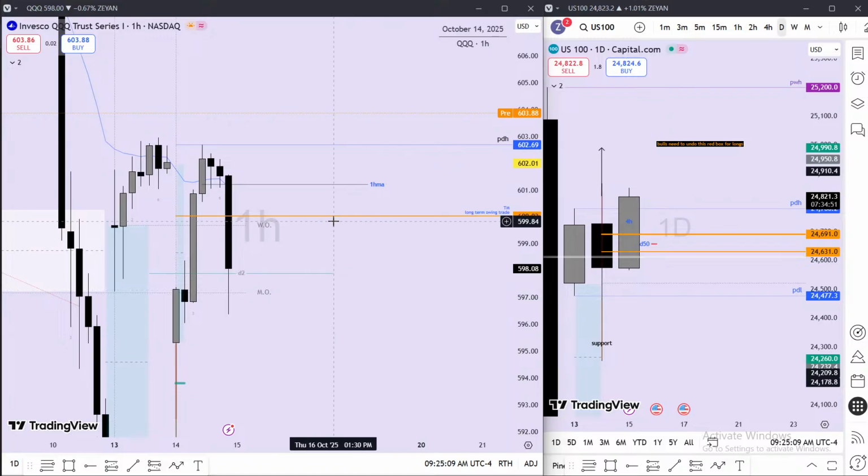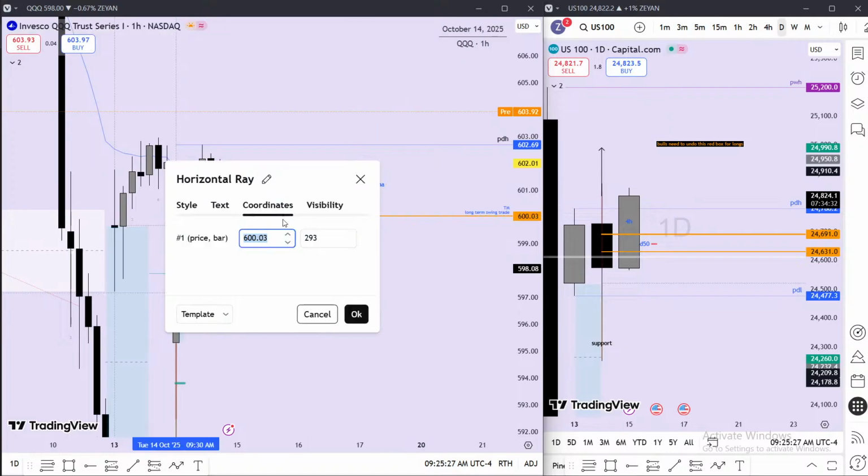So today I am looking at this price point as a reference point for the swing trading. Let's redraw this line again for precision. 599.77.